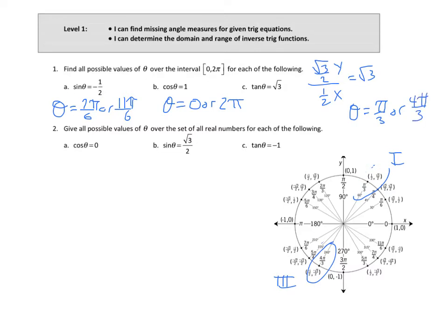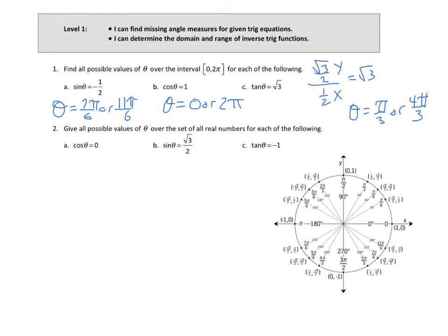In the next part, we're not just looking at the interval from 0 to 2 pi. We're trying to find all the possible values of an angle. In 2a, we want to find all possible values of theta that have a cosine of 0 or an x-coordinate of 0.